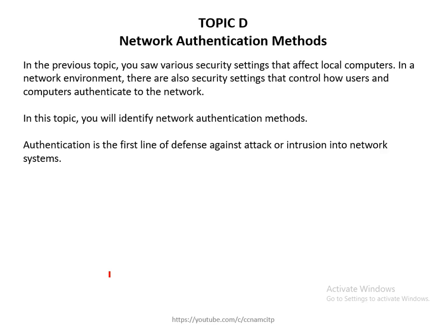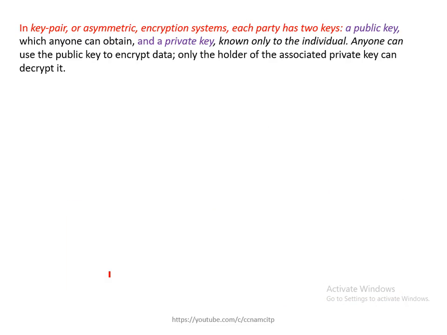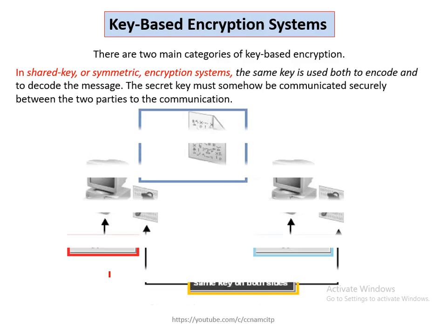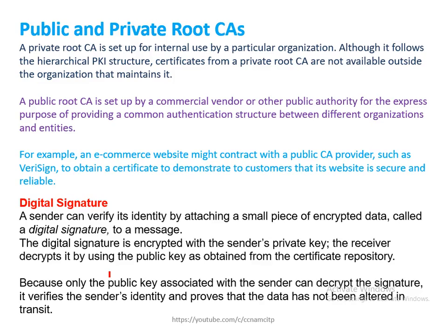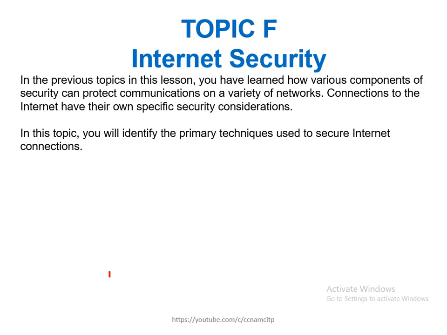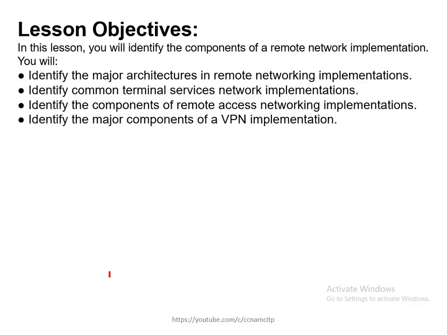So guys, here topic C is also completed, and in this video this much only. In my next video I'll be talking about topic D, which is network authentication methods, and the next topic will be topic E, data encryption, and how we can encrypt our data. The next topic after that will be internet security, and in that we will understand the rest of the concepts one by one.